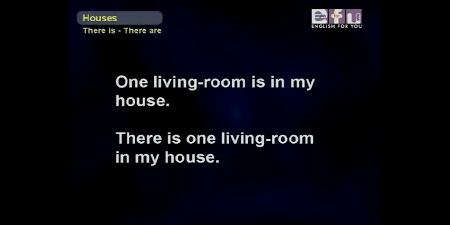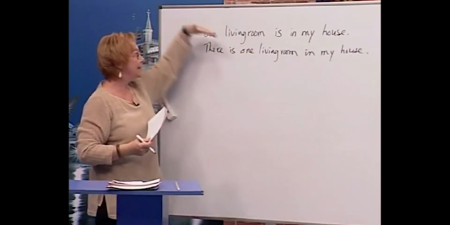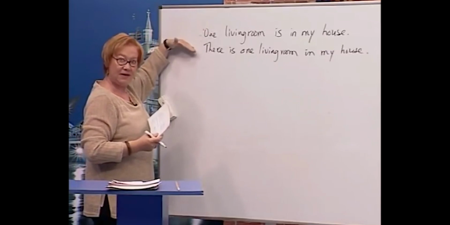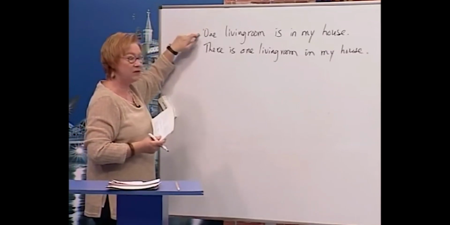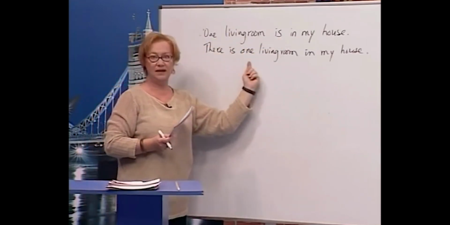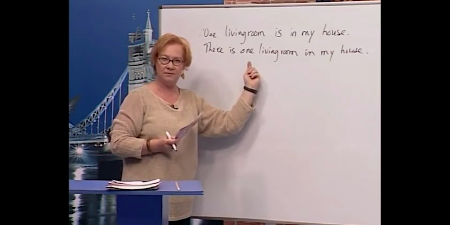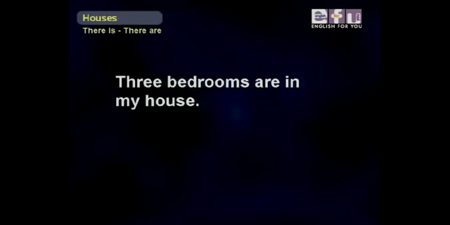There is one living room in my house. These are the same information, but different sentences. One living room is in my house. There is one living room in my house. Okay? They're both correct.